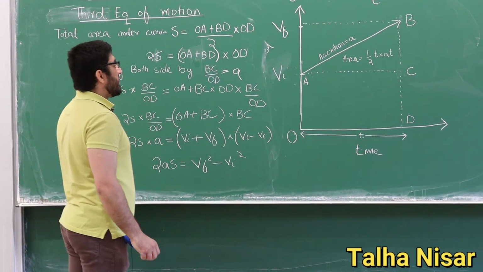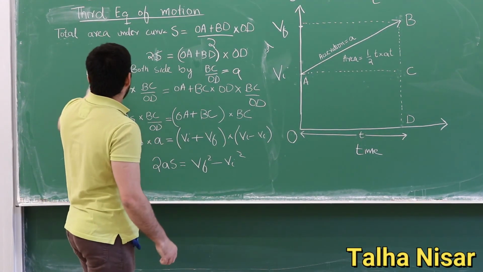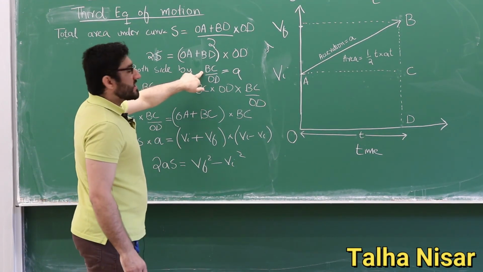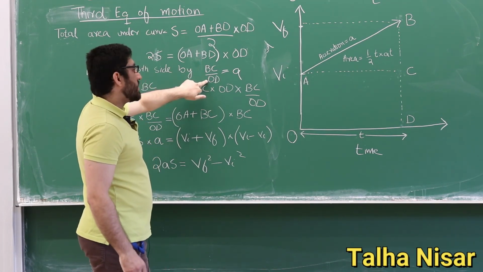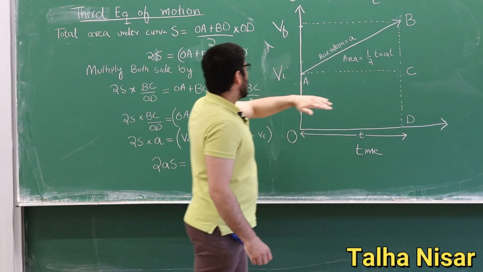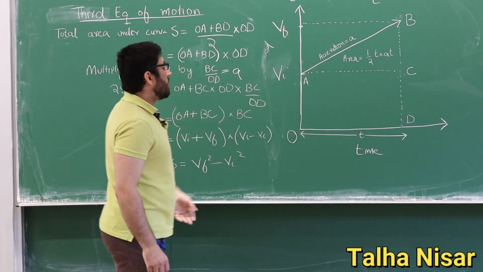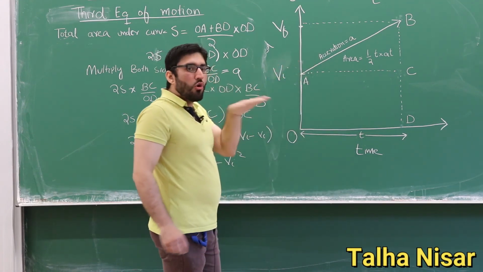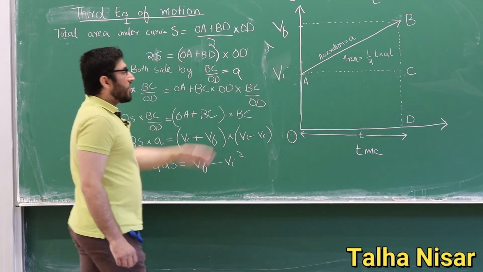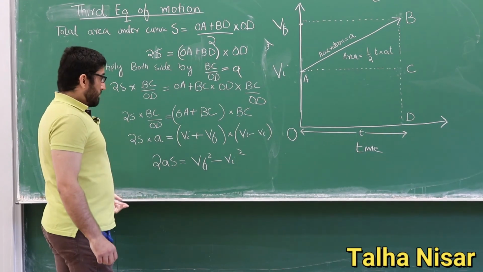To simplify this equation, we multiply both sides by BC divided by OD, which is the acceleration or the slope of this line.